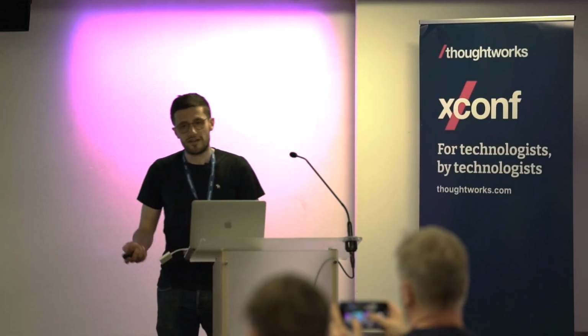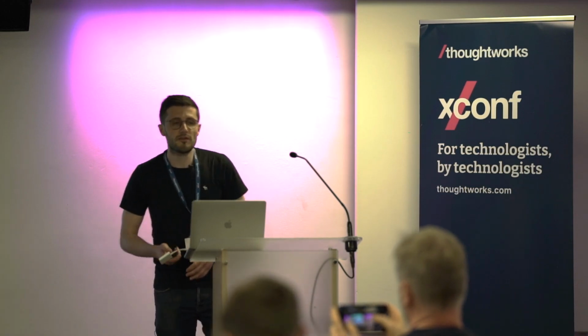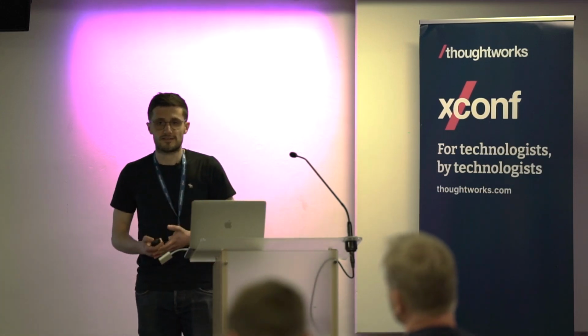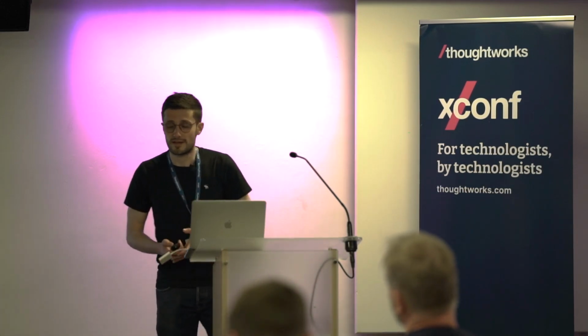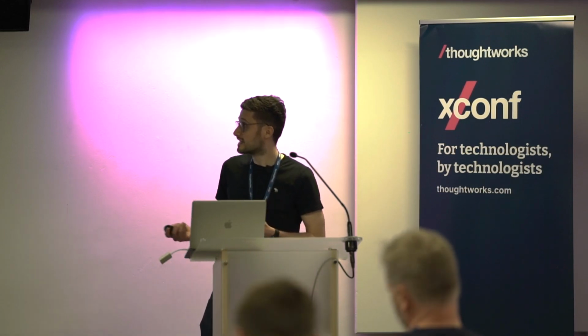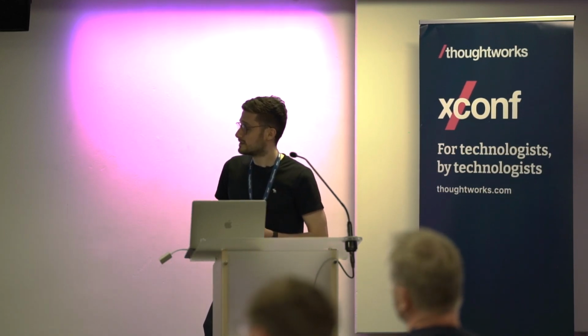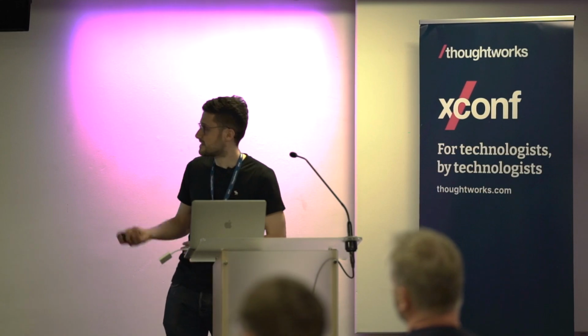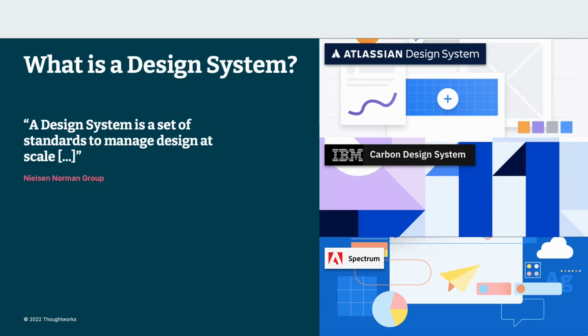So there are several definitions out there for design systems. Some of them focus on the concrete artifacts the product teams are actually using, like this one from the Nielsen Norman Group that says that a design system is a set of standards to manage design at scale.